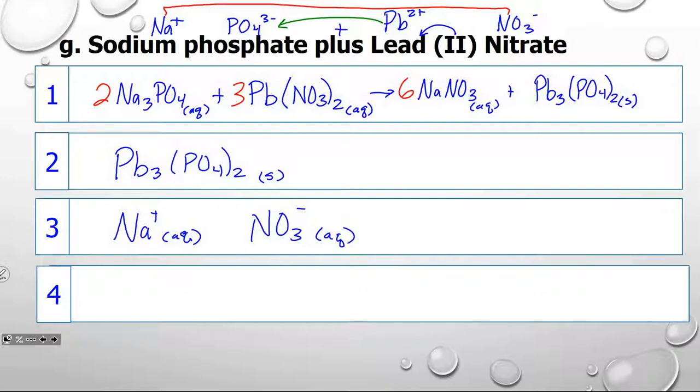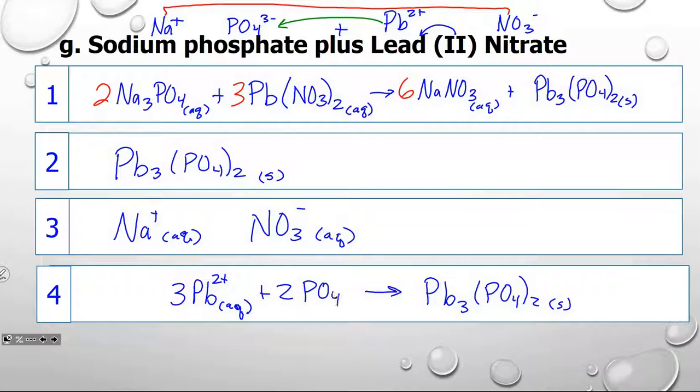All right, the last one I'm doing is the net ionic equation. I would be pointing to my solid, Pb3(PO4)2, as a solid. And I would then write on the other side what things made that up. Well, I needed 3 Pb2+ aqueous to come together with 2 PO4 3- aqueous.